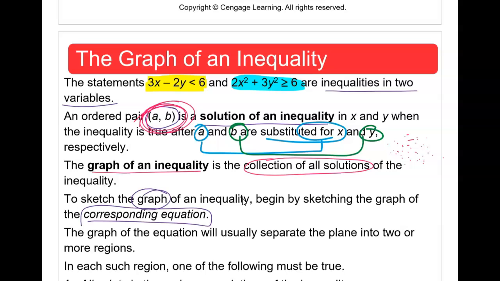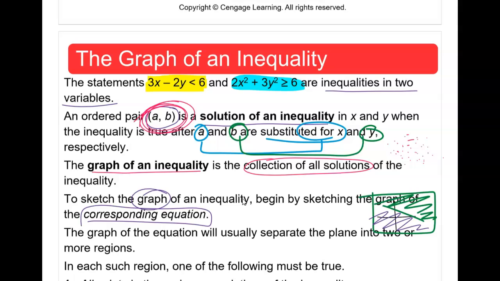It's like you have your XY axes, and then we graph an equation, and the plane is separated into an area above the line and below the line.